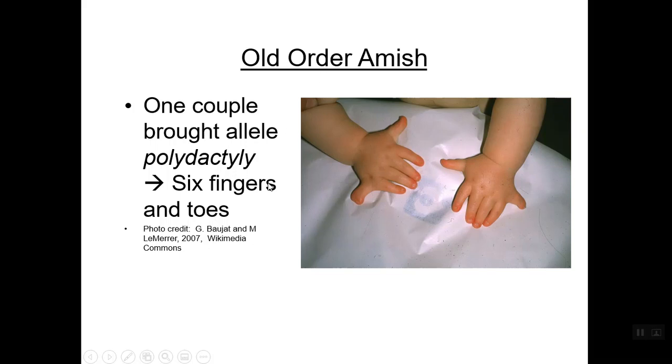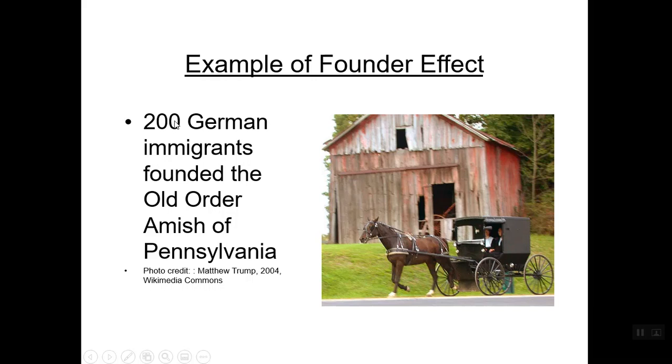So what happened is that, for some random occurrence amongst these 200 German immigrants, it just so happened that several of them carried this mutation.